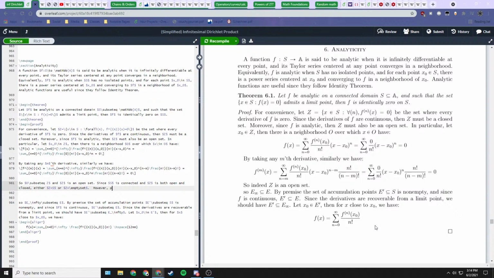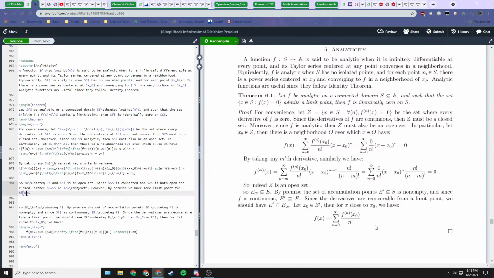However, by premise, we have some limit point for f of x equals 0.